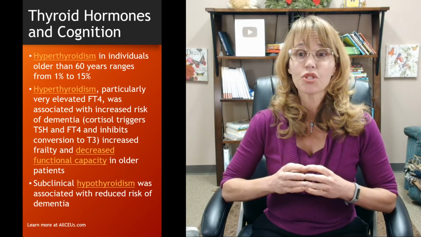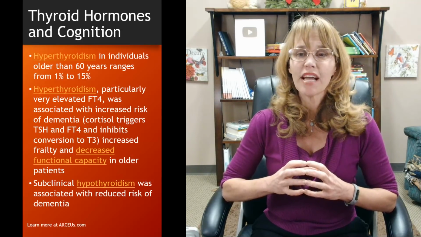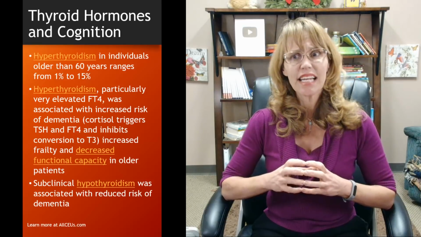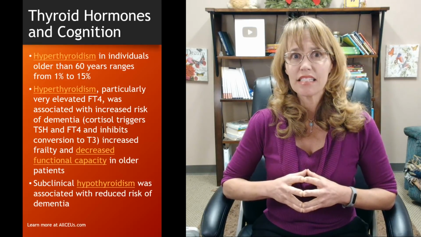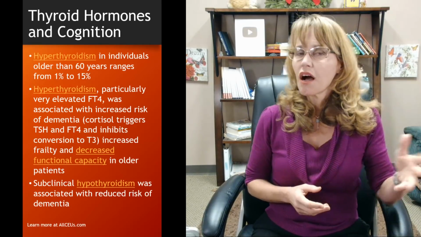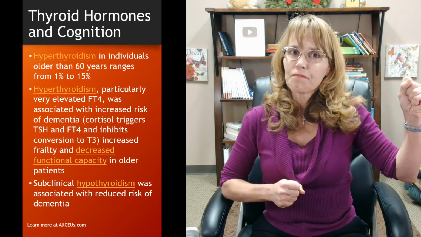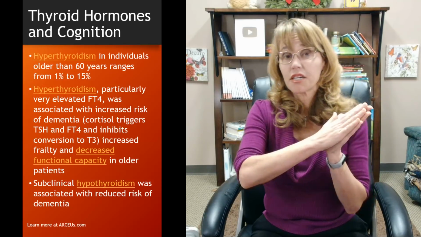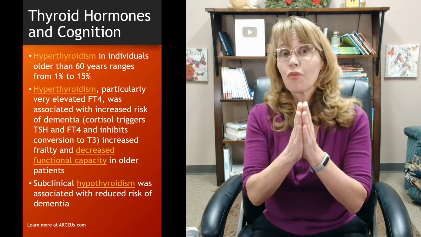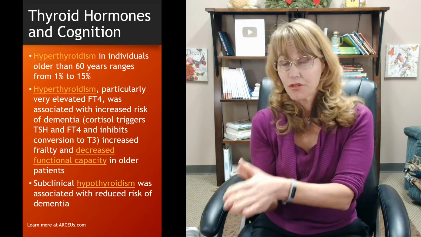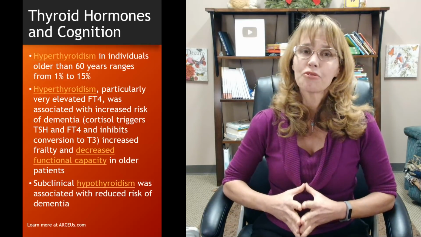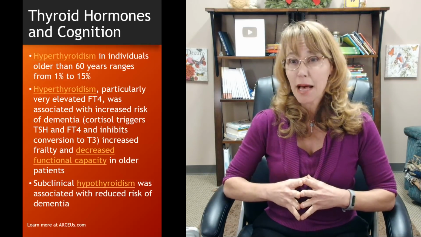Hyperthyroidism in individuals older than 60 years ranges from 1% to 15%. That's kind of interesting because, as I just said, as we get older, our sex hormones, which are often positively correlated with our thyroid hormones, drop. So you'd expect to see a drop in thyroid hormones, but that doesn't always happen.